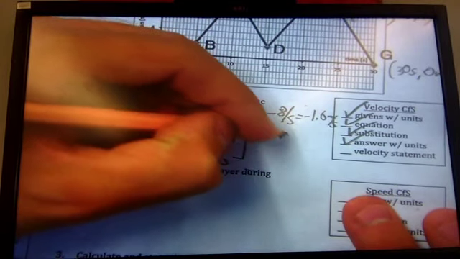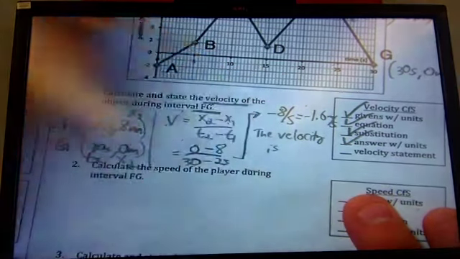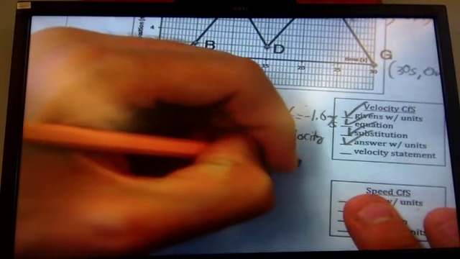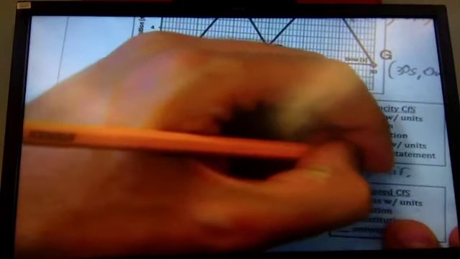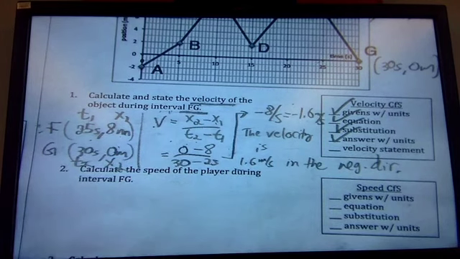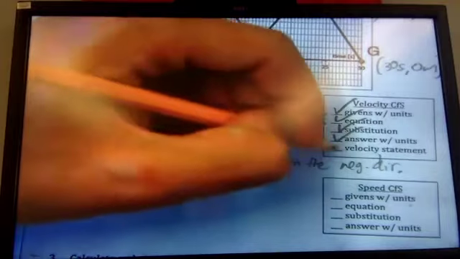The velocity is 1.6 meters per second in the negative direction. Cool. This is what I mean by velocity statement.